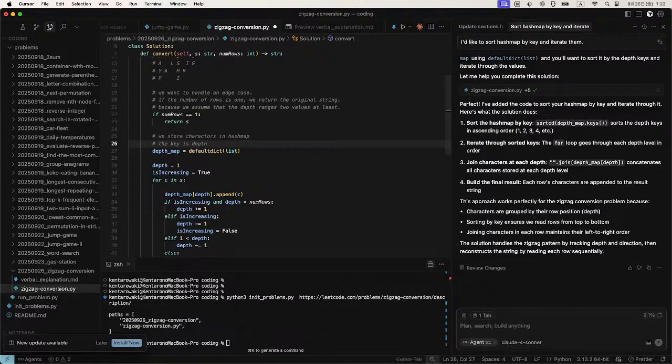Depths means, yeah, I should explain what the depths means in English. Yeah, the key is depths.